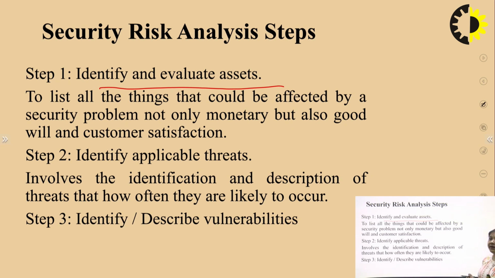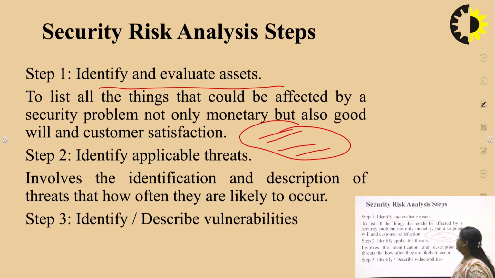It is a very important part of security risk analysis management that all the assets, as well as the problems that can affect security, are listed out. It can be financial, monetary, and customer satisfaction. Customer satisfaction is a very important part of this.